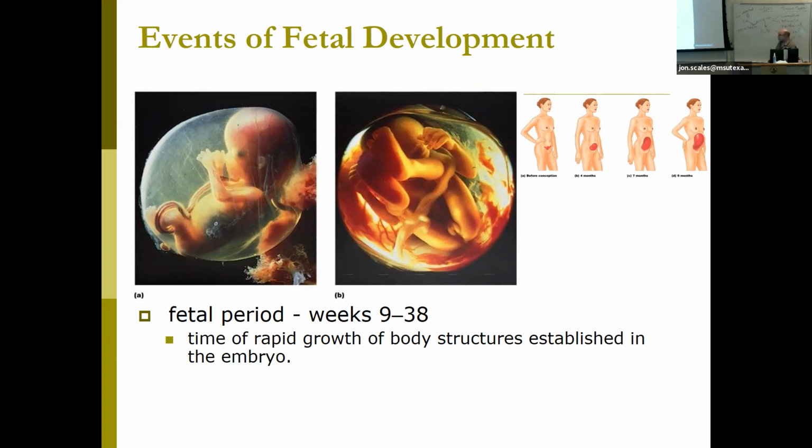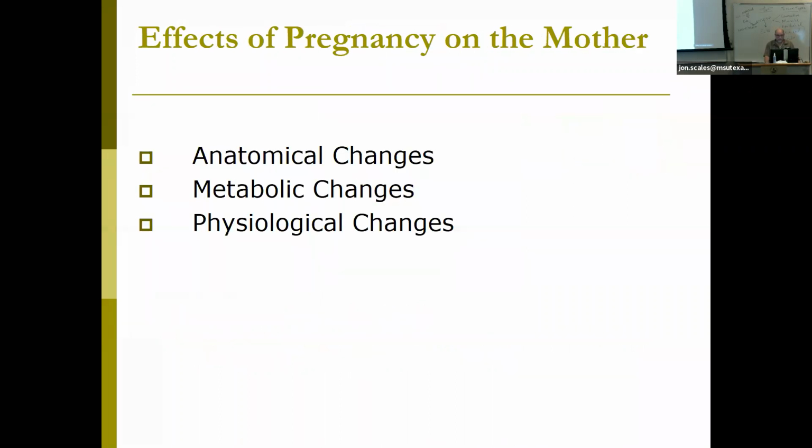And of course, the growth of the embryo inside the uterus means that the uterus and the mother have to respond to that growth physiologically as well. So there's anatomical changes, metabolic changes as well, and hormones are inducing those metabolic and physiological changes. So your homeostatic balance is being thrown off.